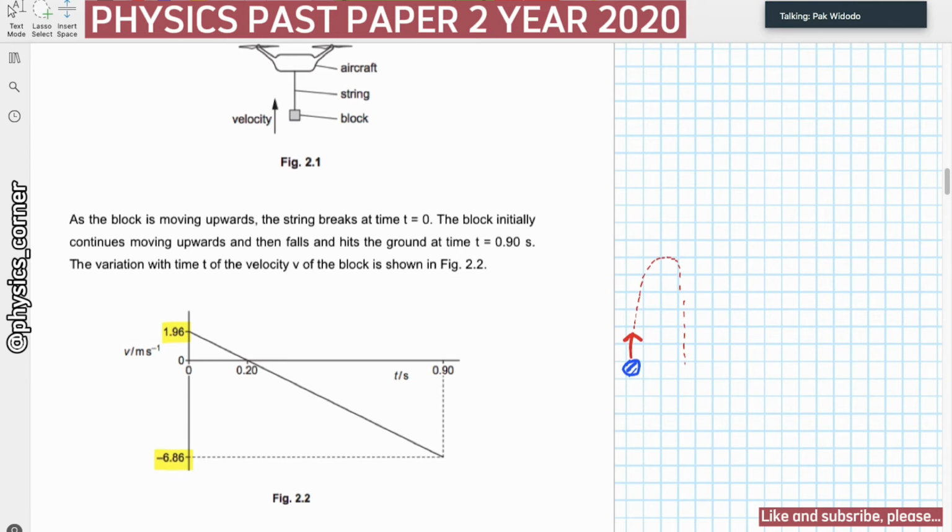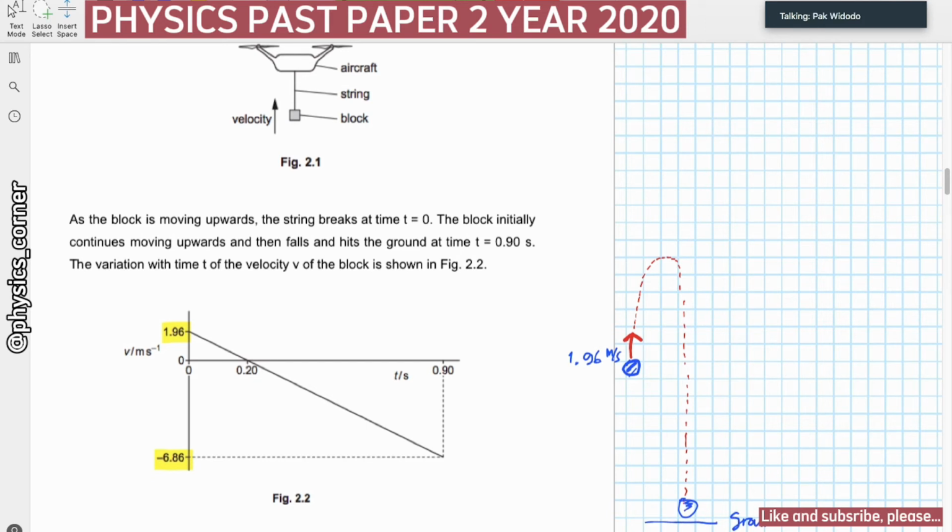So if in this position the velocity is 1.69 meters per second, and then negative 6.86, it is going down, and it has velocity until it hits the ground.